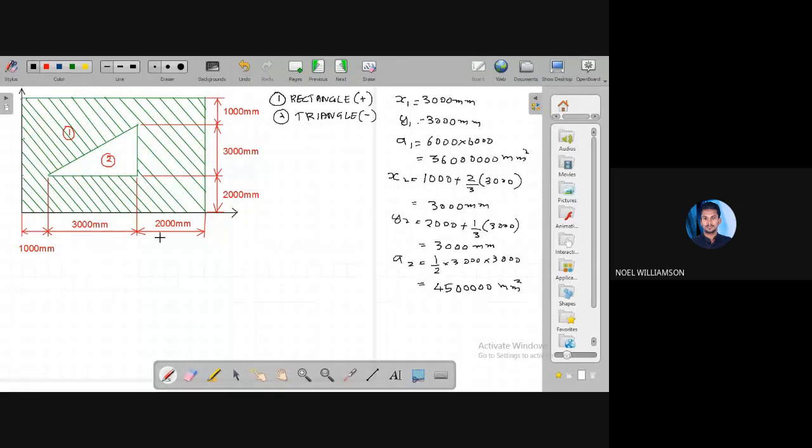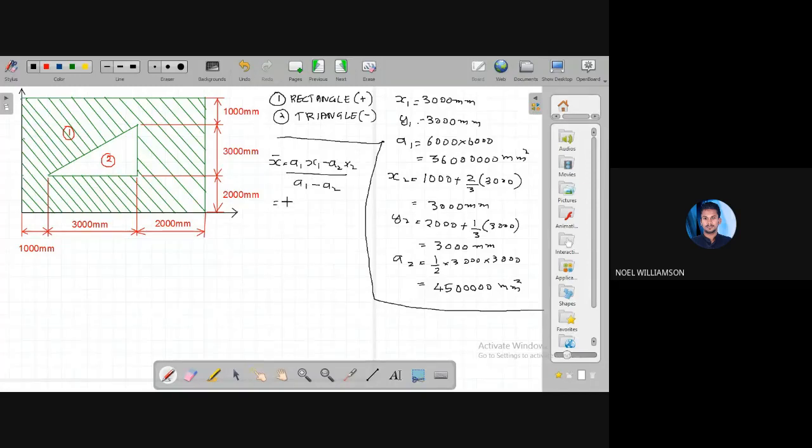Now using these values, x bar and y bar, we are finding out this. ഇപ്പോൾ ഇത് കണ്ടിട്ട് ഞെട്ടണ്ട, മാറ്റുക. X bar equal to A1 x1 minus A2 x2 by A1 minus A2, and substitute these values.